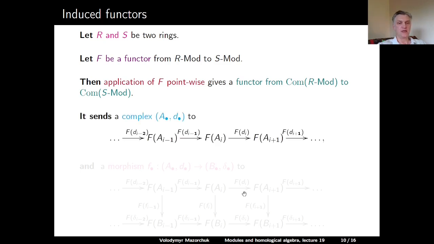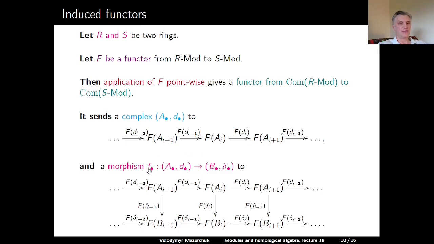It sends a complex A bullet, d bullet to the following complex. So our new abelian groups are F of A_{i-1}, F of A_i, F of A_{i+1}, and so on. And our new differential is F of d_{i-1}, F of d_i, F of d_{i+1}, and so on.